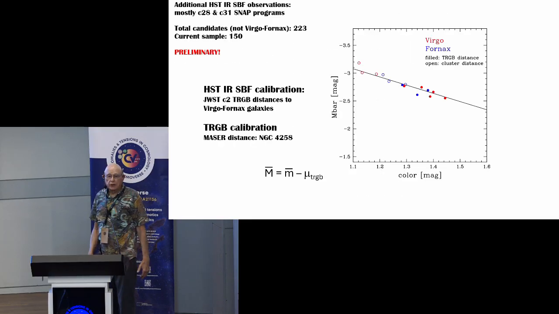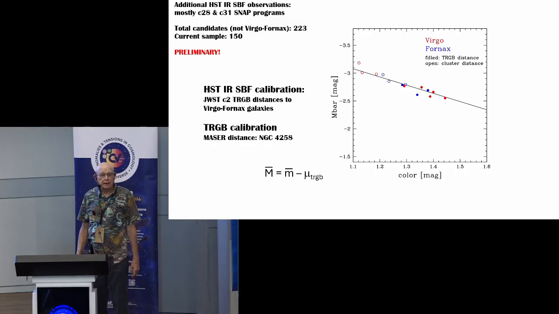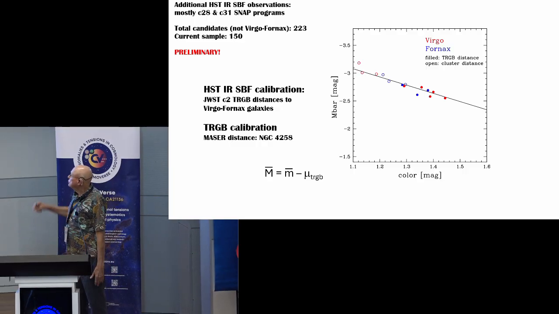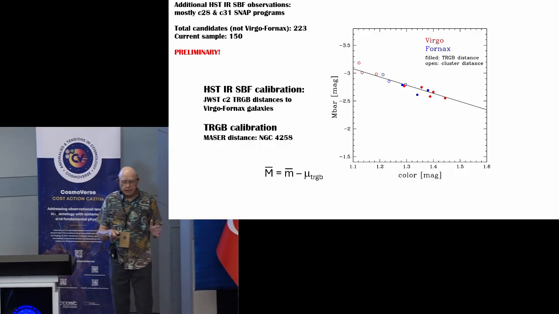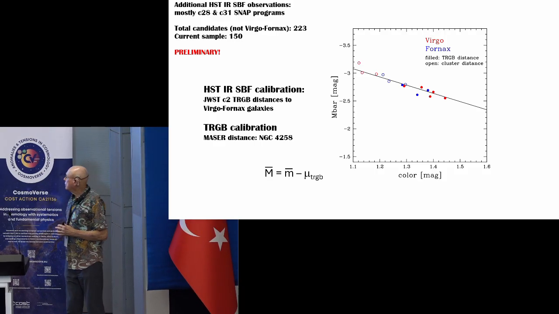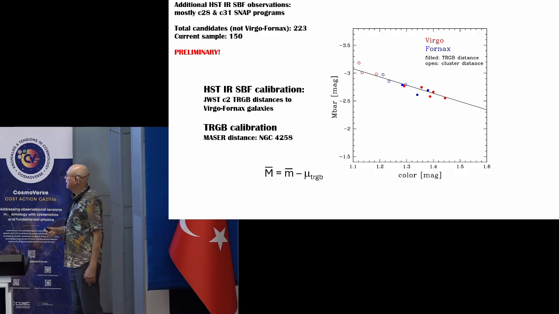So now what I want to show you is some work we've been doing on surface brightness fluctuations using Hubble Space Telescope information, in other words, surface brightness fluctuations from Hubble Space Telescope, but with the calibration that we're now finding with JWST and going through the tip of the red giant branch that I was just showing you.